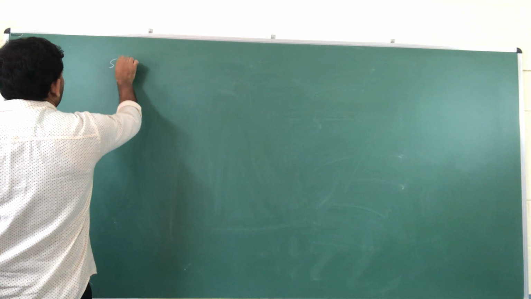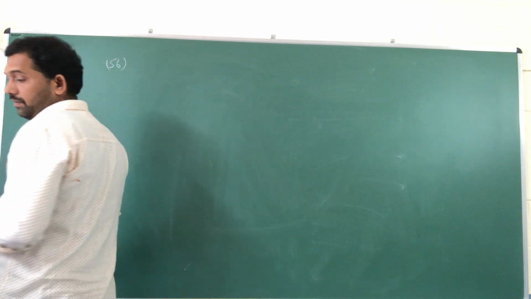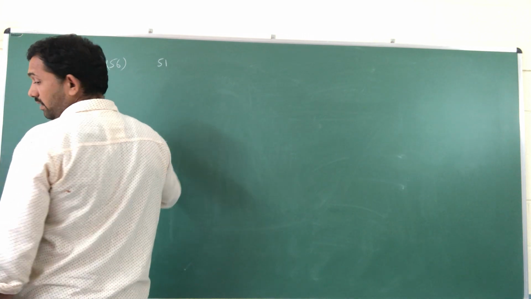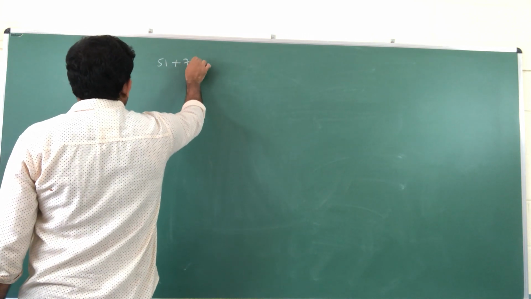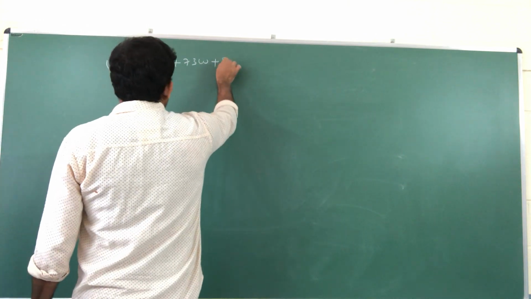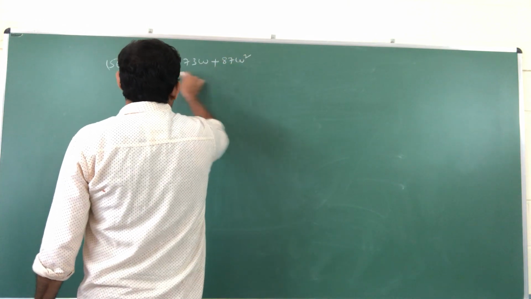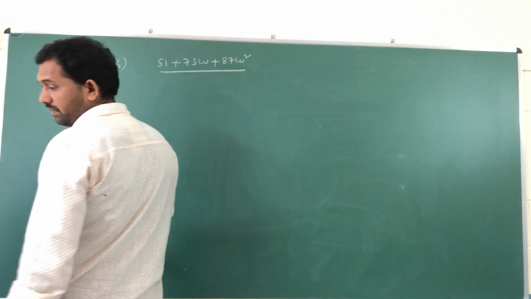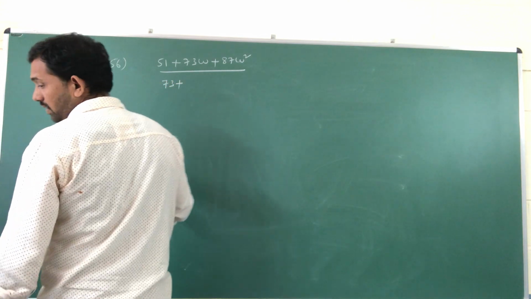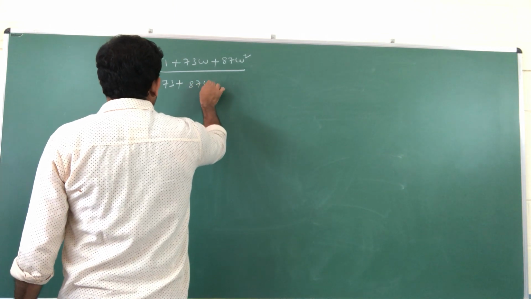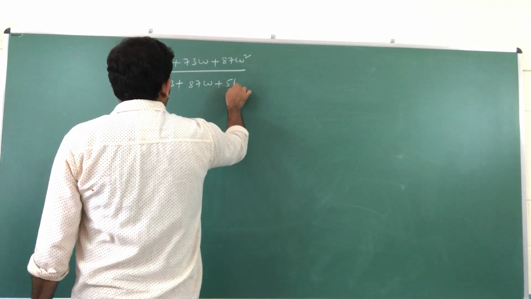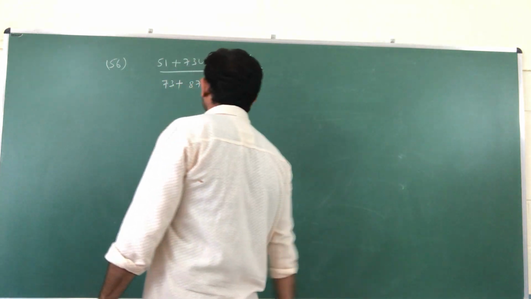Question number 56: (51 + 73ω + 87ω²) divided by (73 + 87ω + 51ω²).